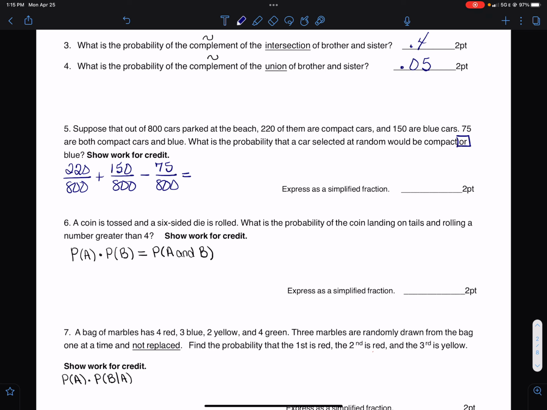All right, so now when we have that, that gives us 295 out of 800, and then make sure that you reduce that.